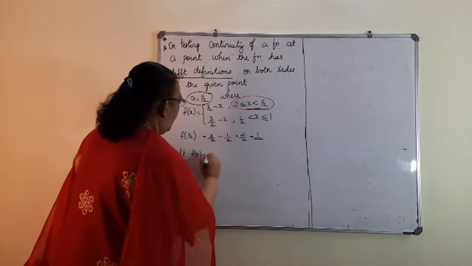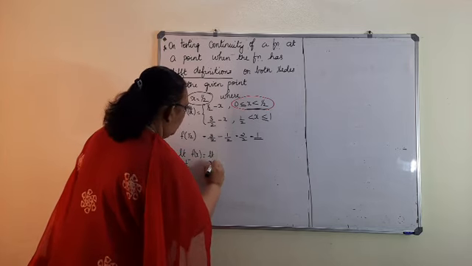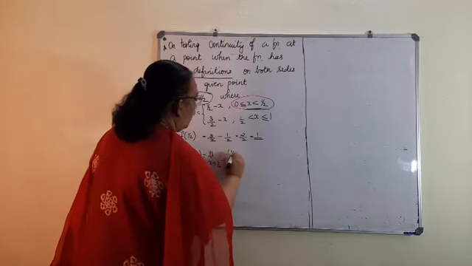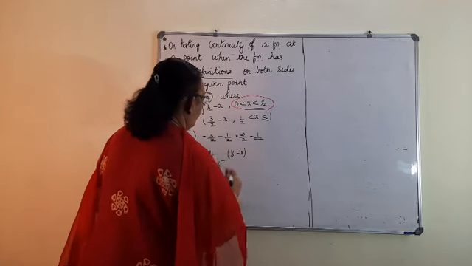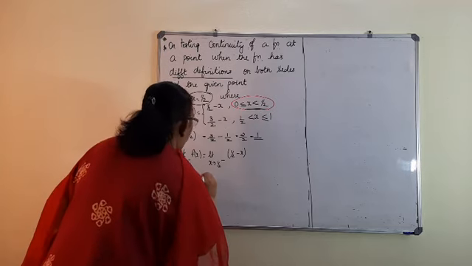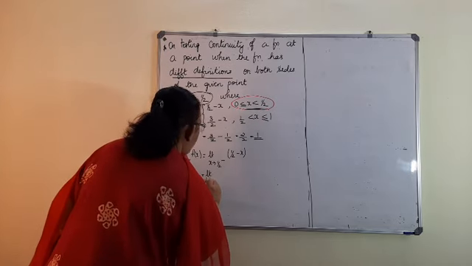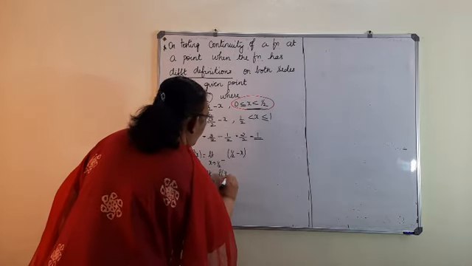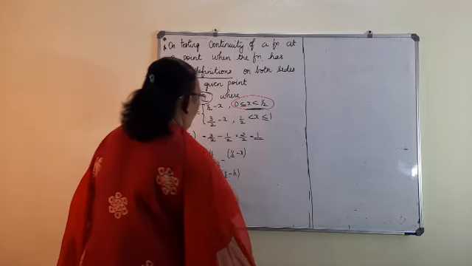So limit x tending to 1 by 2 minus f of x means 1 by 2 minus x. This is equal to limit of h tending to 0 of f of 1 by 2 minus h.